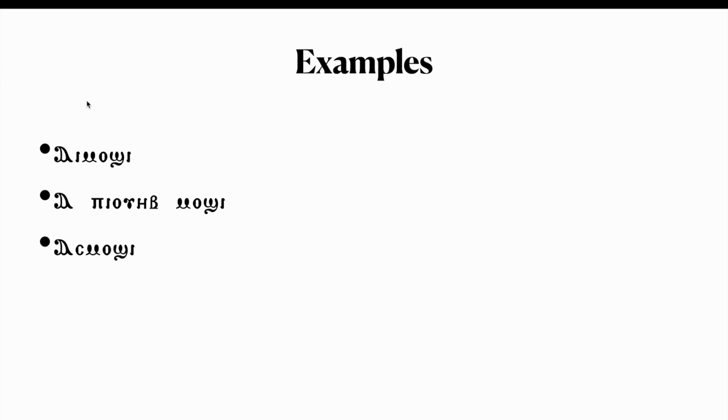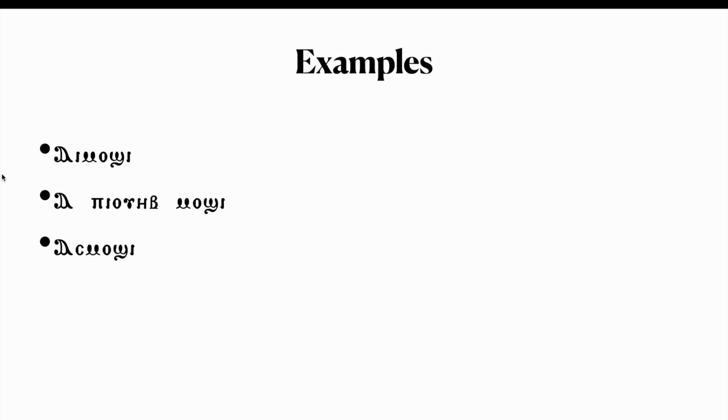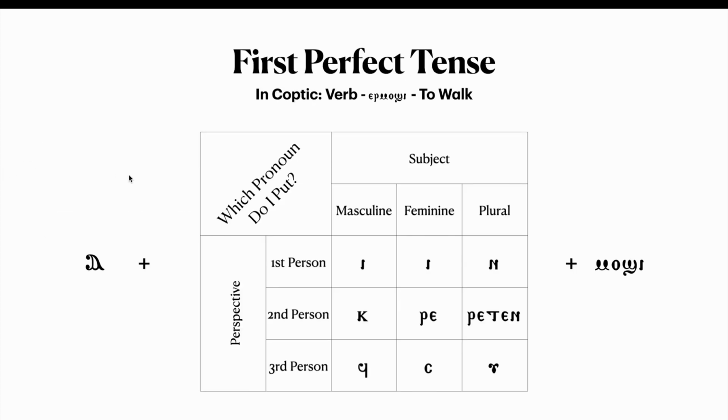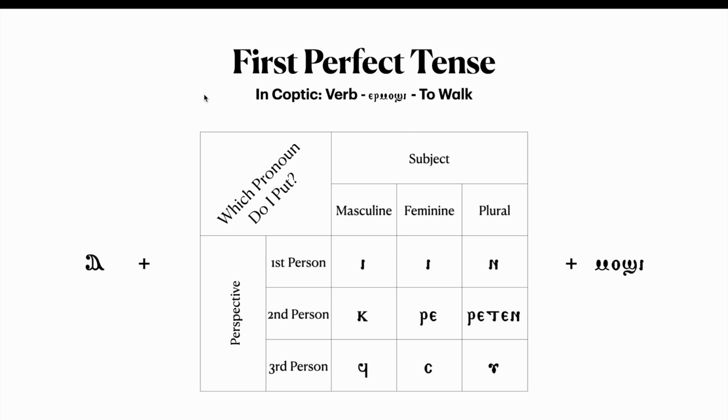So, some examples of putting together different verbs. I moshi, which means I walked, because there's alpha and then iota. It doesn't matter whether masculine or feminine, it's still iota. Then moshi, so I walked. Then bioweeb moshi. Here you actually sidestep pronouns entirely, and you just put the word itself as the subject.